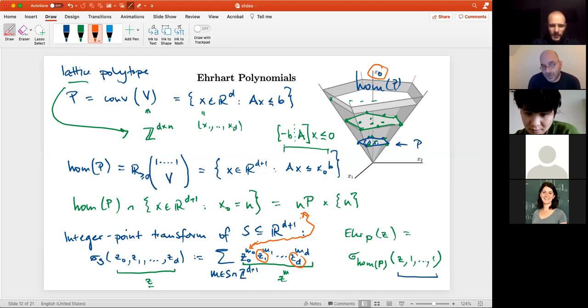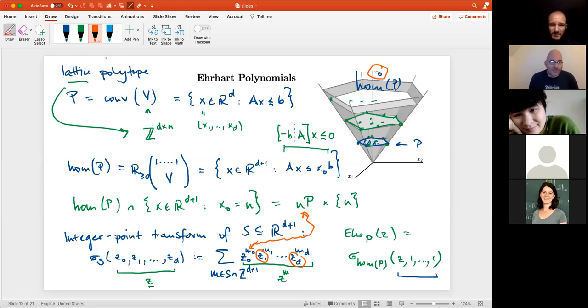So in other words, if you have a magic box that can compute integer point transforms of cones, you can compute Ehrhart series. So that's one way that people compute Ehrhart series in the real world, actually.